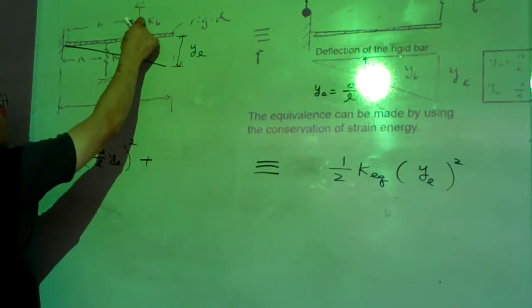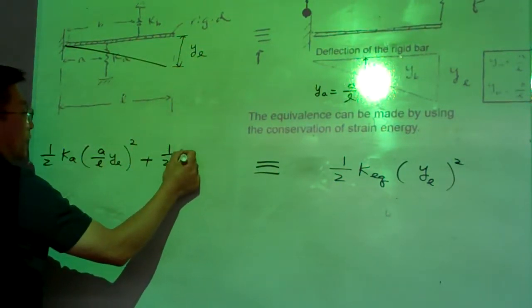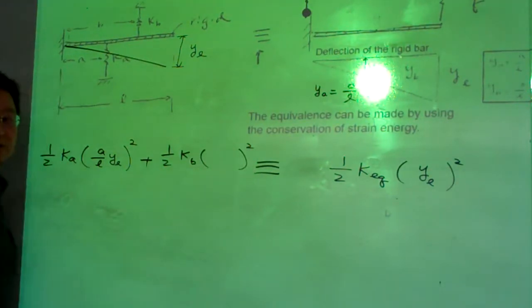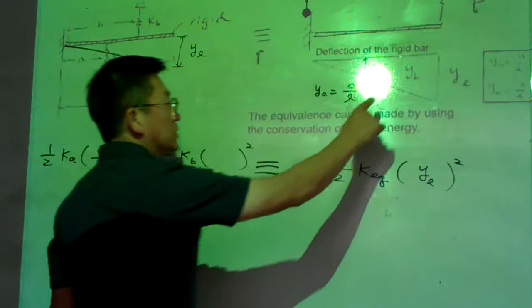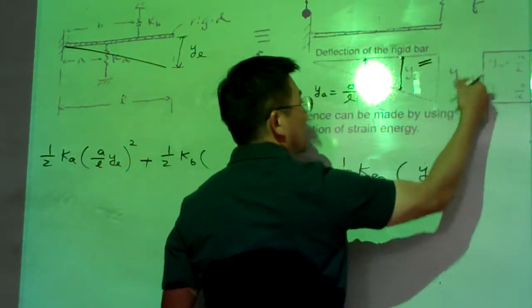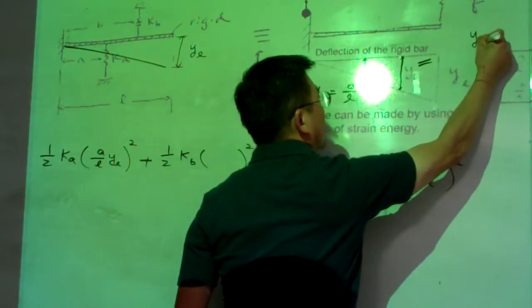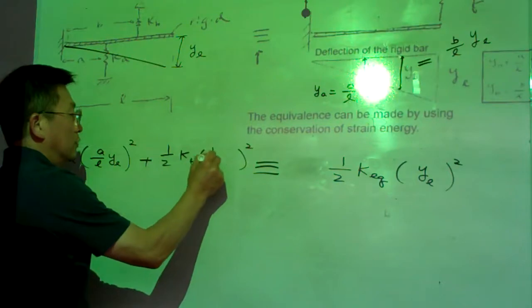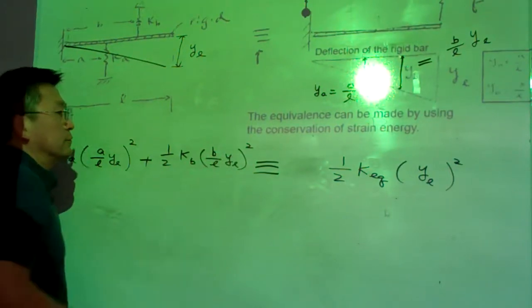The same thing for the second spring: one half, the spring constant, multiplied by its deformation squared. The deformation is YB here, and YB can be related to YL by B divided by L, so this is B over L times YL.